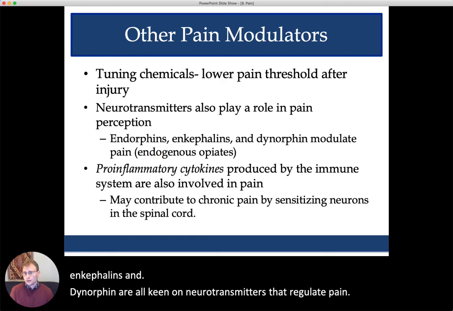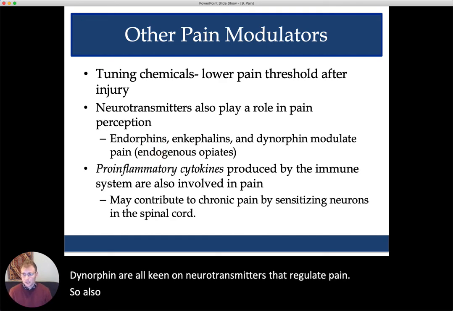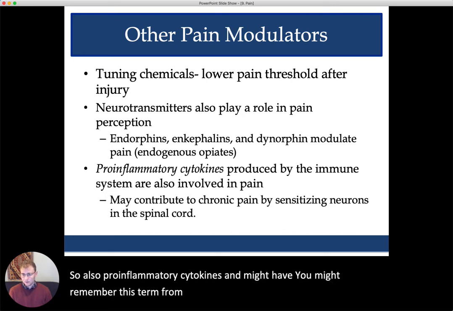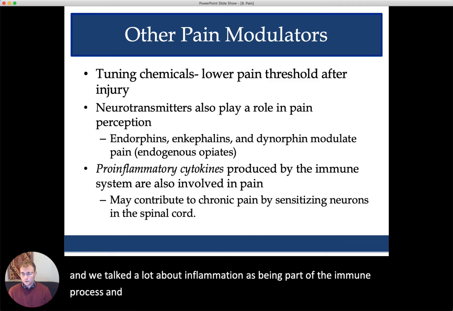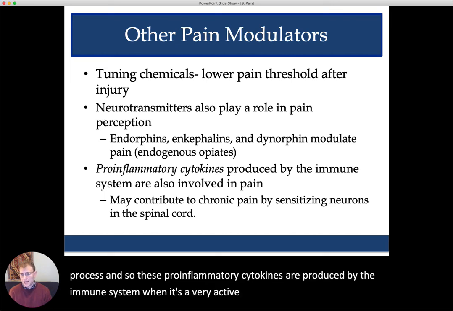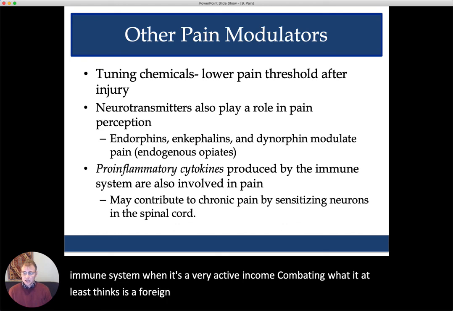There's also pro-inflammatory cytokines, and you might remember this term from talking about stress and the immune system, and we talked a lot about inflammation as being part of the immune process. And so these pro-inflammatory cytokines are produced by the immune system when it's very active in combating what it at least thinks is a foreign agent, and these contribute to sensitizing neurons, particularly in the spinal cord.